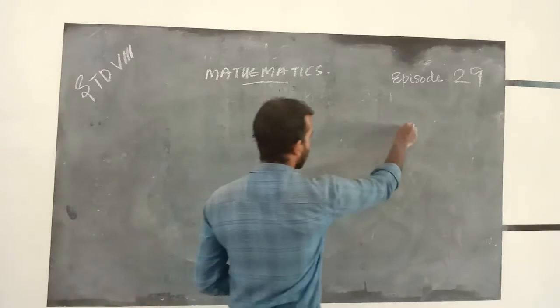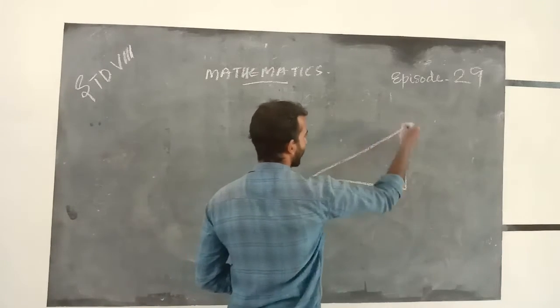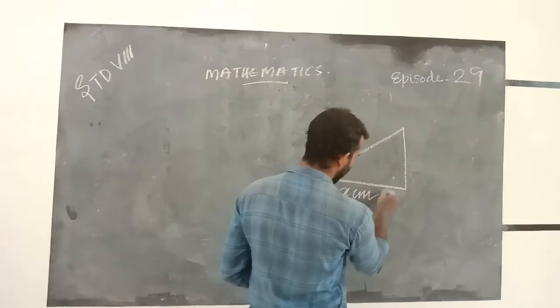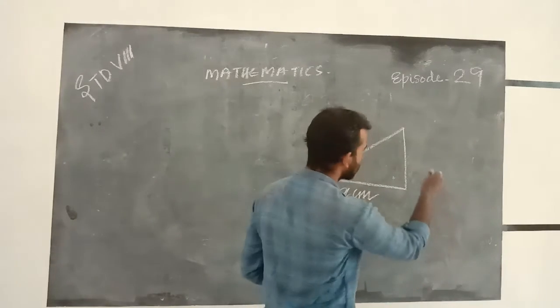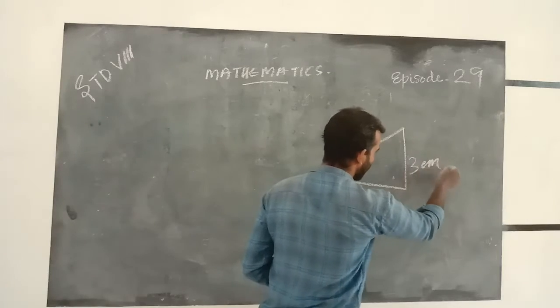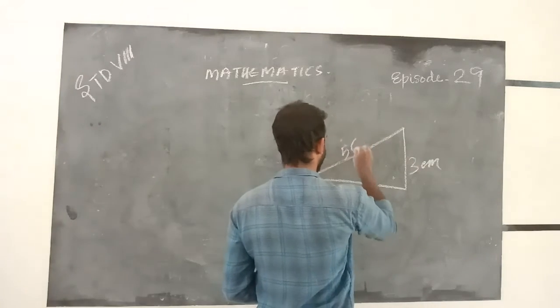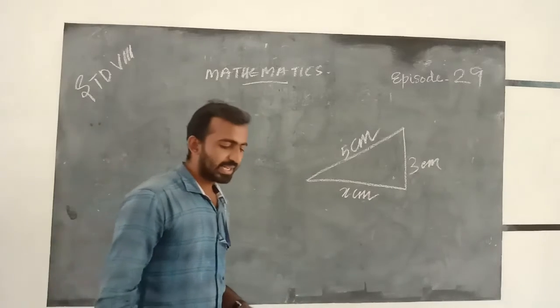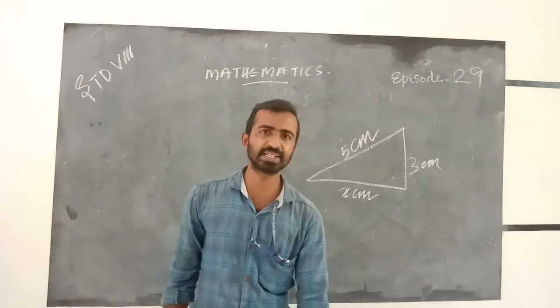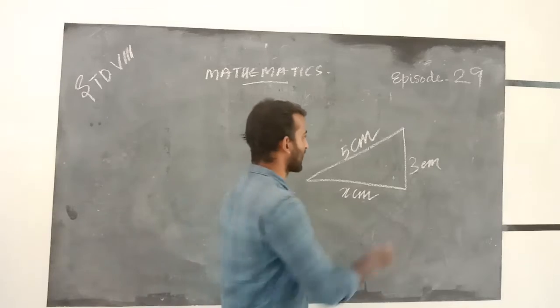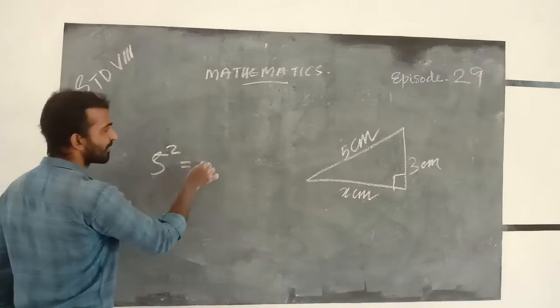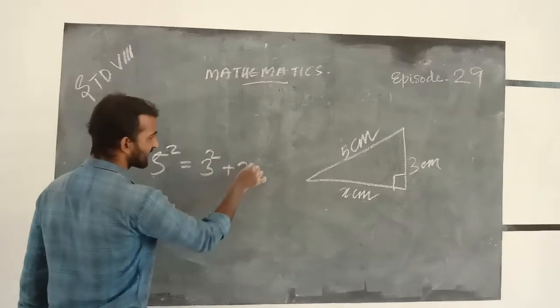For another example, this is a right angle triangle with sides x centimeter, 3 centimeter, and hypotenuse 5 centimeter. According to the right angle triangle, we can say that 5 square equals 3 square plus x square.